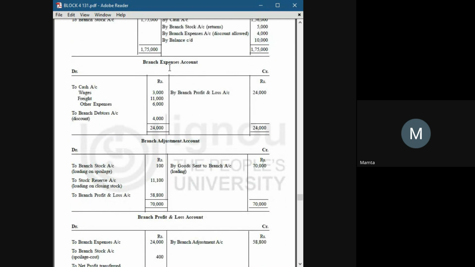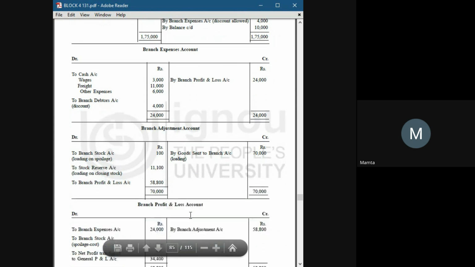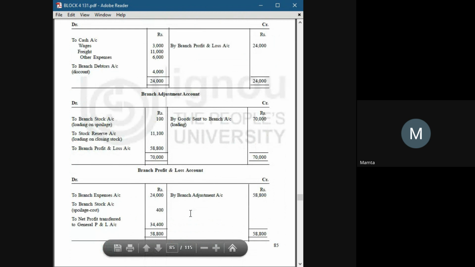Similarly, we will create branch expense account, branch adjustment account, and branch profit and loss account. In the branch profit and loss account, all incomes and profits are to be credited here, and all losses and expenses would be put here only.